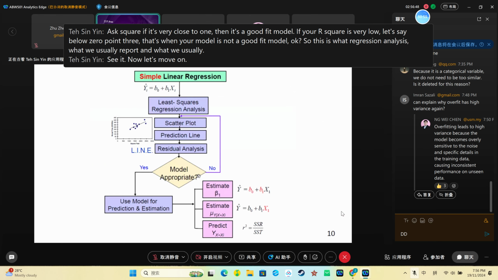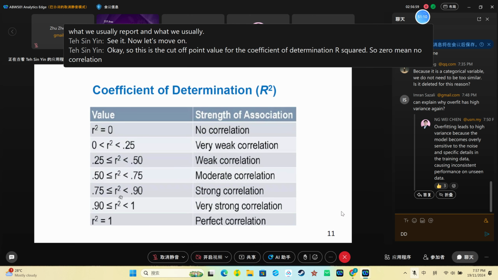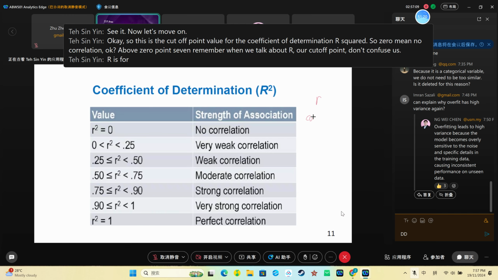Okay, so this is the cutoff point value for the coefficient of determination R square. So 0 means no correlation. Above 0.7, remember when we talk about R, our cutoff point, don't confuse. R is for correlation.